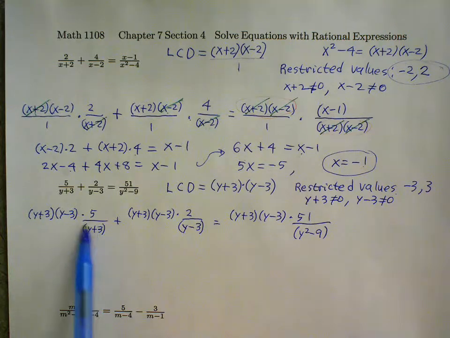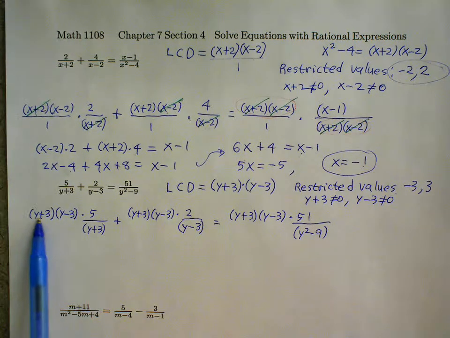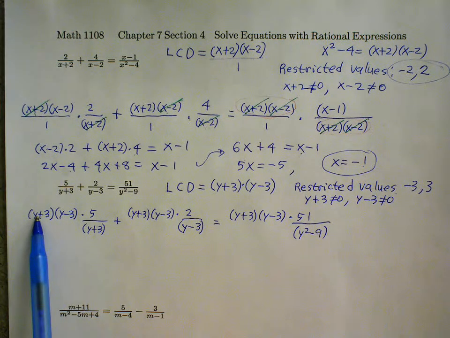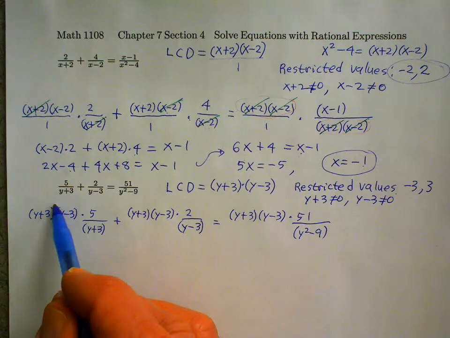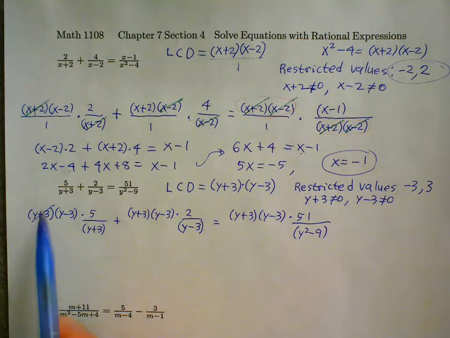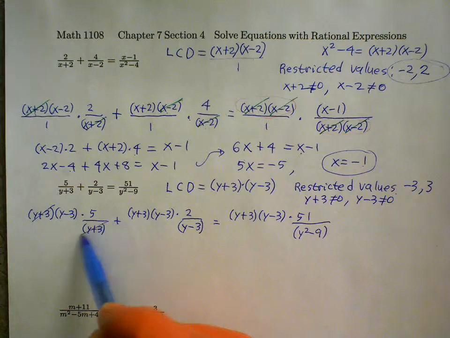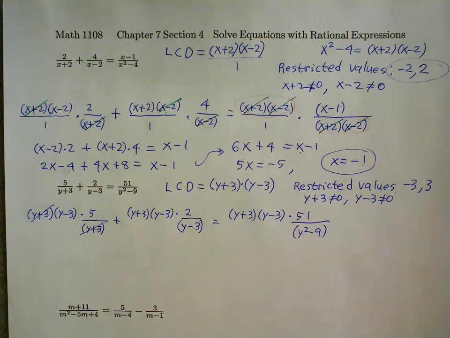So in this first product, even though I didn't write y plus 3 times y minus 3 over 1, you need to remember that they are in the numerator. So the factor y plus 3 from the numerator divided by y plus 3 in the denominator, that equals 1.